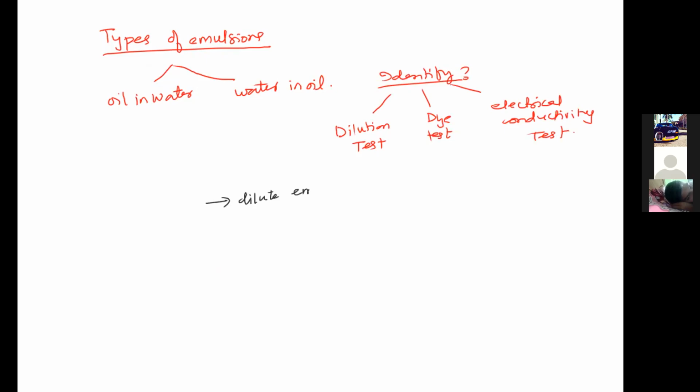In the dilution test, dilute the emulsion with any amount of dispersion medium, while the dispersed liquid forms a separate layer.